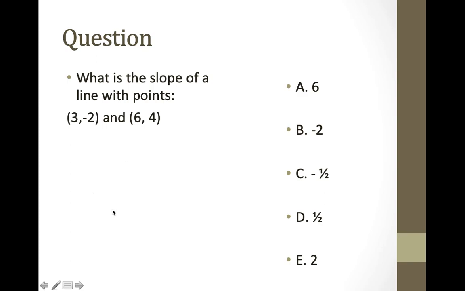Well, 6 minus 3 is 3. So 6 over 3 is 2. Positive 6 divided by 3 is 2, or 2 over 1, which is E, which is your answer.